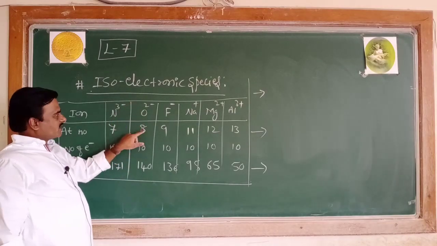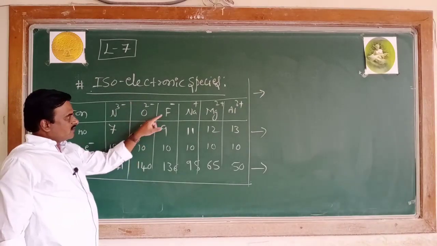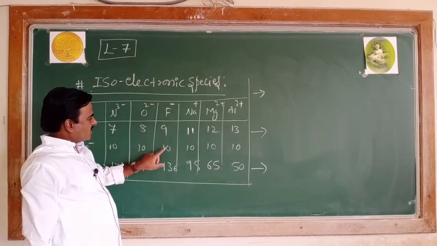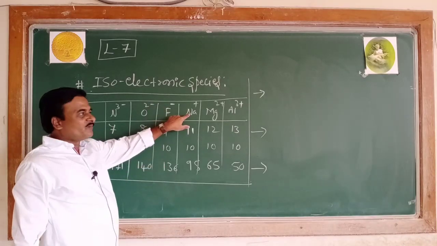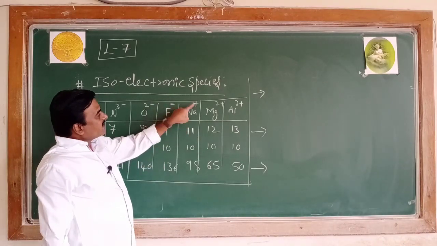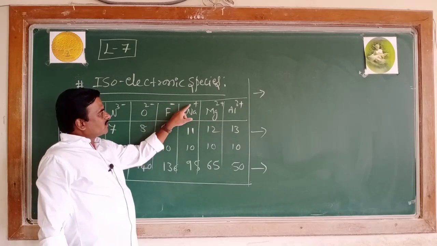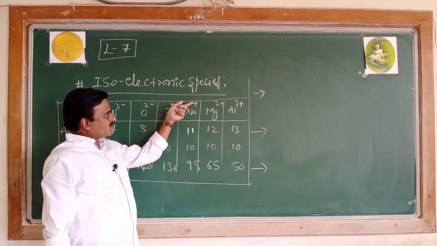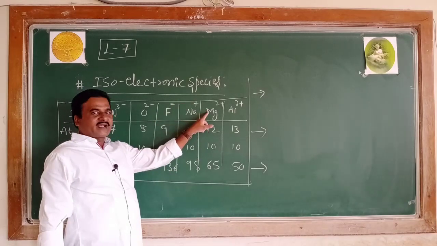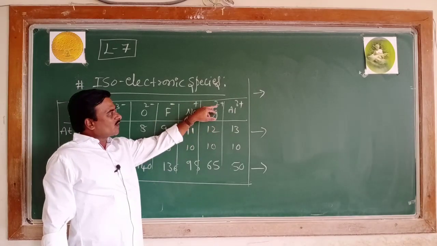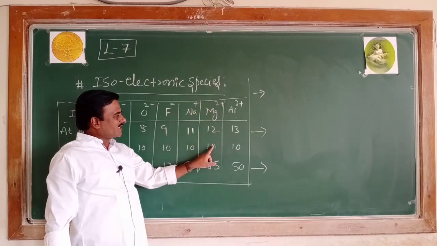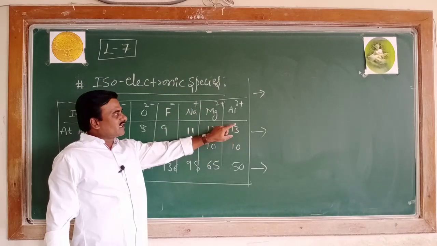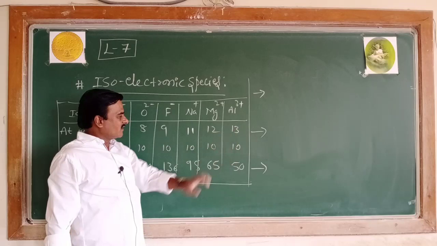Oxide O2 minus, 8 plus 2, 10. Fluoride, 9 plus 1, 10 electrons. Sodium, 11 minus 1, since the charge is 1, 10 electrons. Magnesium, atomic number 12, 2 electrons lost, 12 minus 2, 10. Aluminium 13, 13 minus 3, 10.